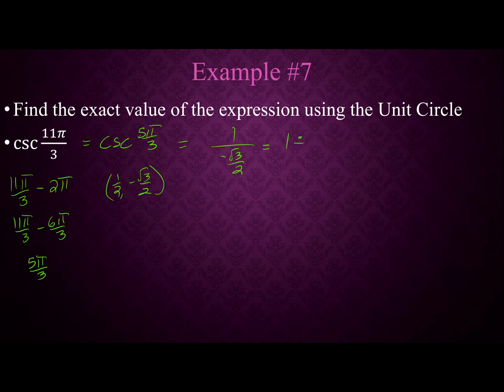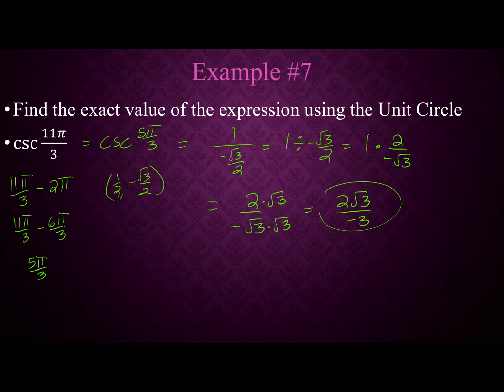So this is really 1 divided by a negative root 3 over 2. And when we divide fractions, we multiply by the reciprocal. So we get a 2 over negative root 3. Now that's not proper form, so we rationalize it. Multiply by the root 3 and getting a 2 root 3 over negative 3 for the value of cosecant of 5 pi over 3.